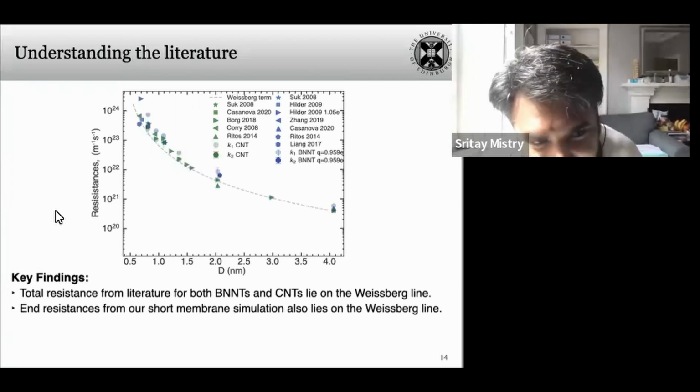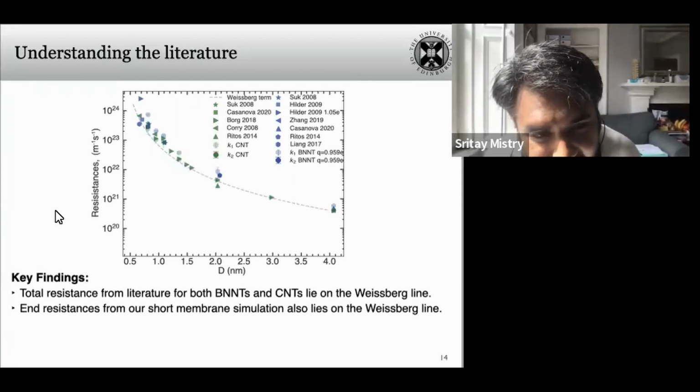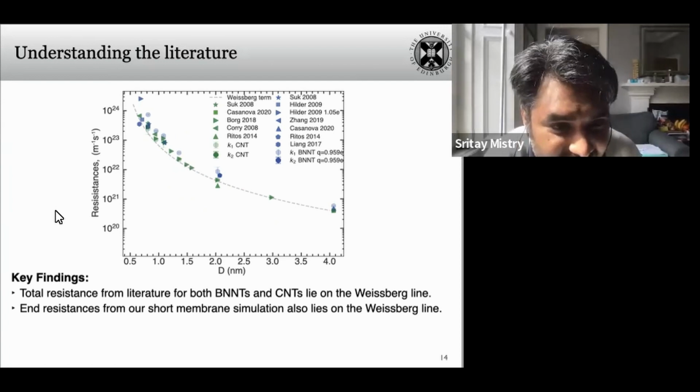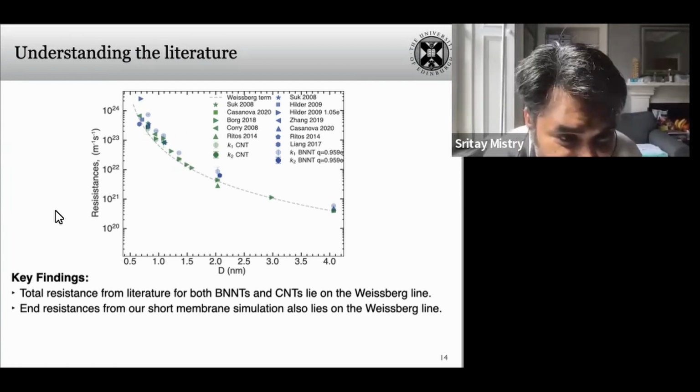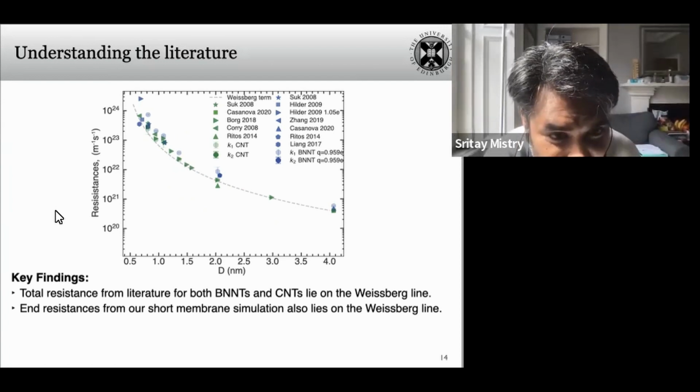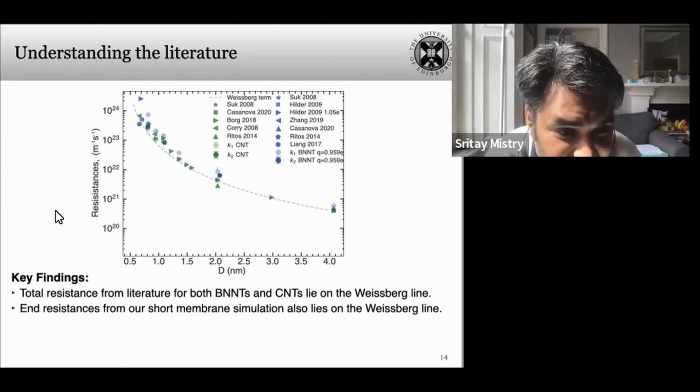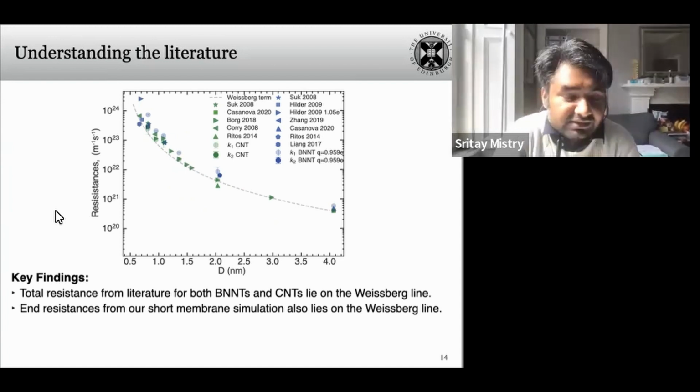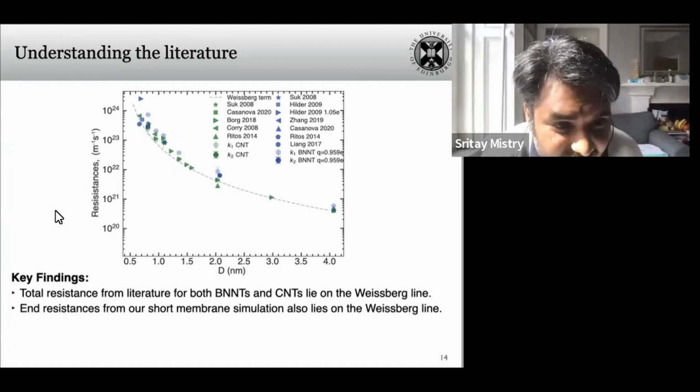And this total resistance actually lies on the Weisberg curve. Now, the Weisberg curve only predicts the end resistance, the resistance at the entrance of the nanotubes. But the total resistance from all of these papers in literature lies close to the Weisberg curve.